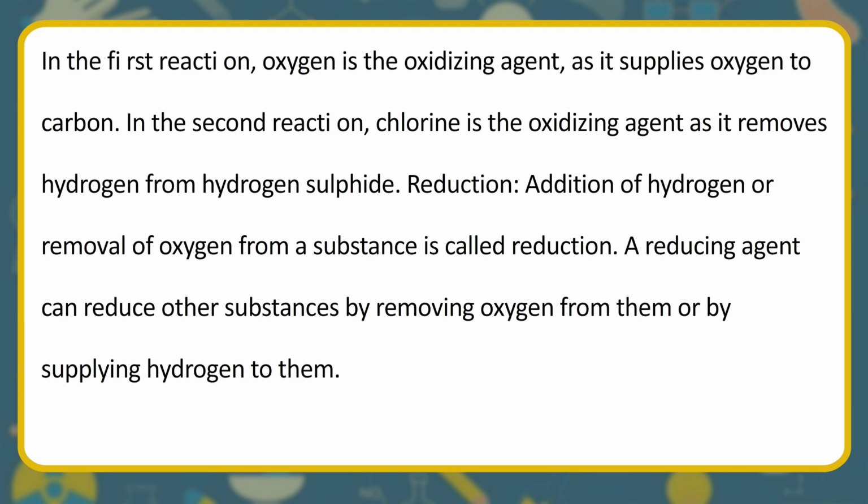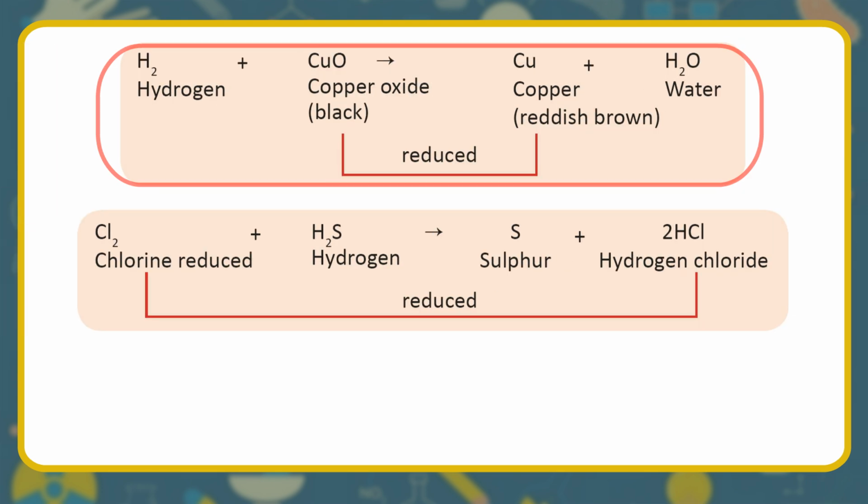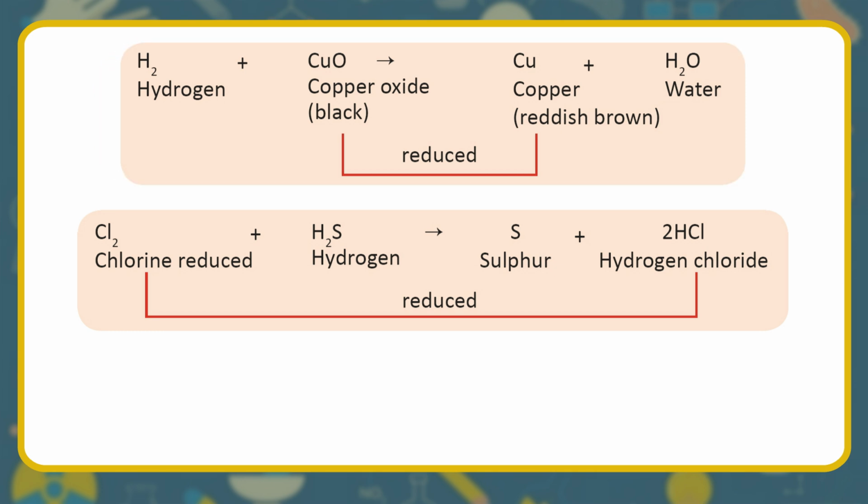Reduction: addition of hydrogen or removal of oxygen from a substance is called reduction. A reducing agent can reduce other substances by removing oxygen from them or by supplying hydrogen to them. H2, hydrogen, plus CuO, copper oxide, black, reduced, gives Cu, copper, reddish brown, plus H2O, water.